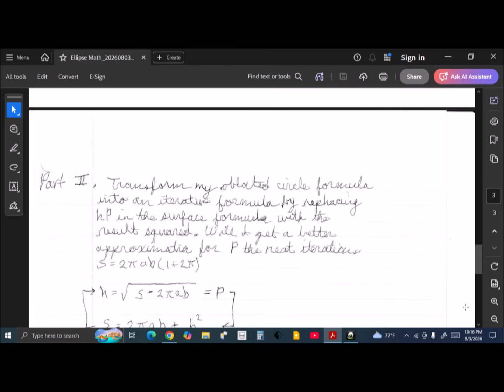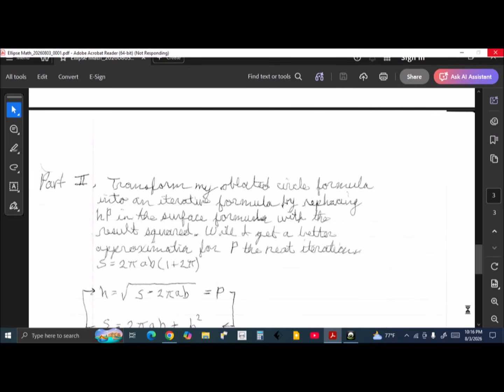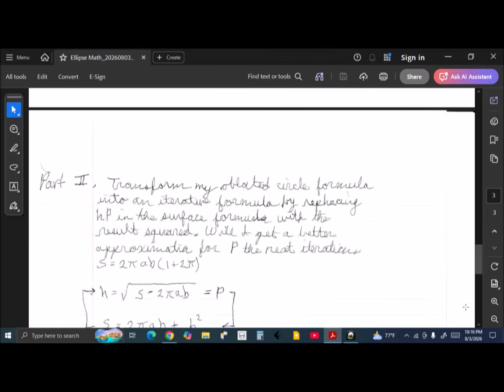So I was going to try to transform the ablative circle formula into an iterative formula by replacing h, p in the surface formula with the result from the previous calculation in an iteration process squared, to see if that would just work like the Newton approximation process, where you just gradually iterate until you get the correct answer.